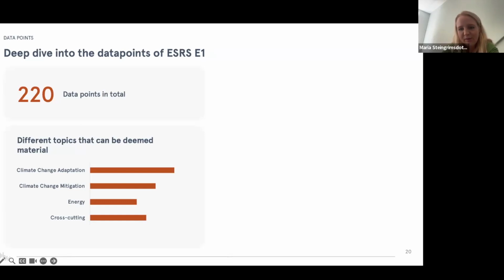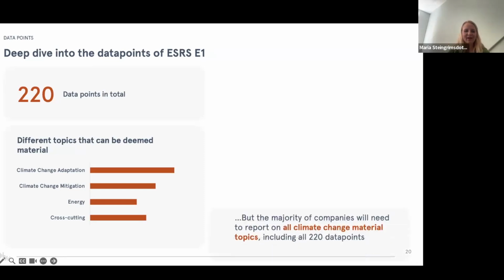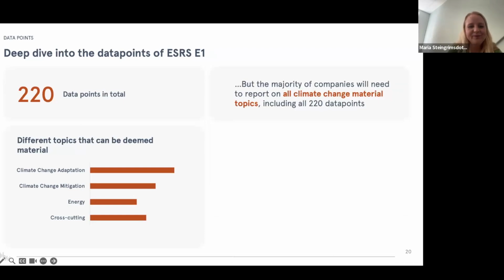So for a few companies, maybe only 1 or 2 of these will be material, and therefore only triggering a reporting requirement on data points belonging to these. However, the majority of companies will need to report on all climate change material topics, including all 220 data points.